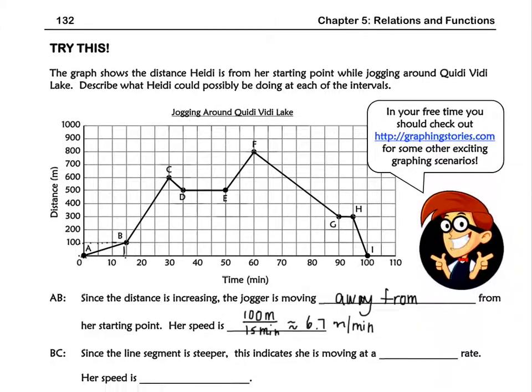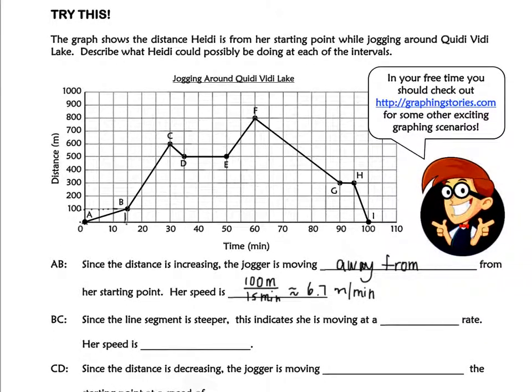So then if we look at the next segment, BC, you can see that this line is steeper. So a steeper line would indicate that she's moving at a faster rate, because you're moving a greater distance over a shorter period of time, so that would indicate a faster speed, distance over time.